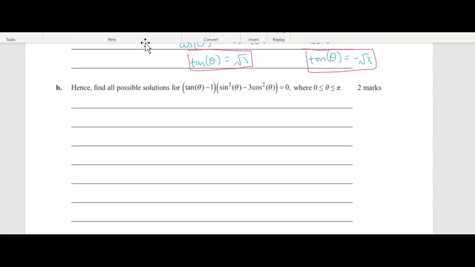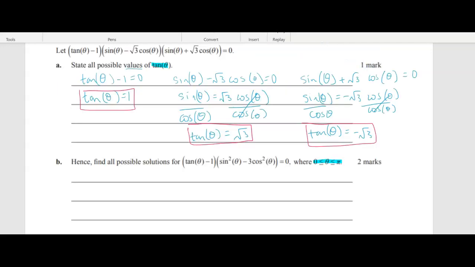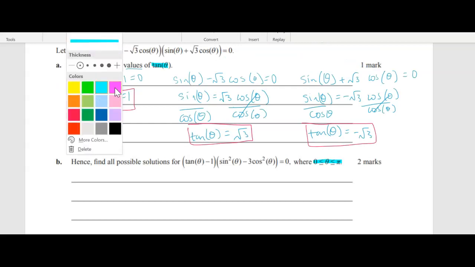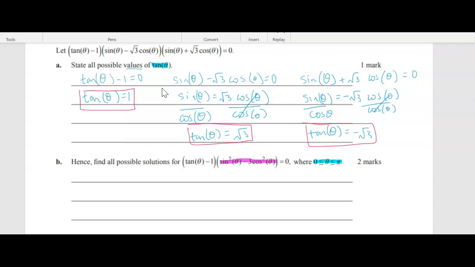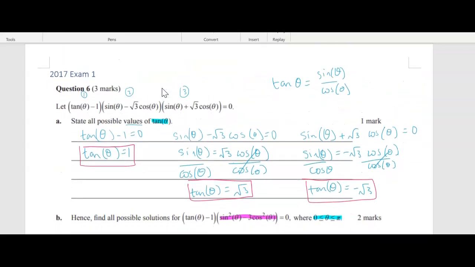Anyway, hence find all possible solutions for tan theta minus 1 times sine squared theta minus 3 cos theta equals 0, for theta between 0 and pi. All right, so this is the same function as above. It's only that this has been written factorized.